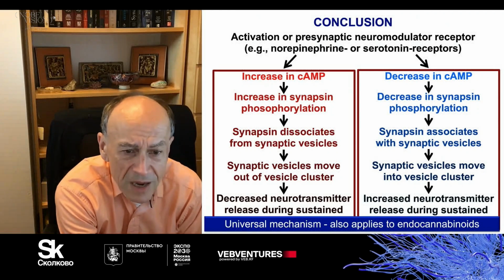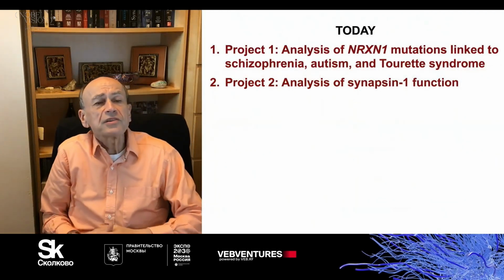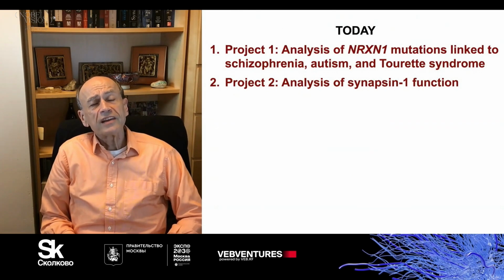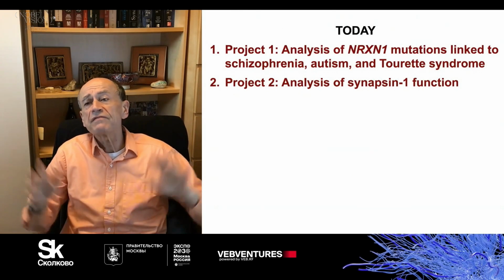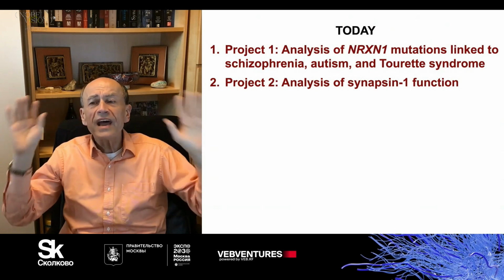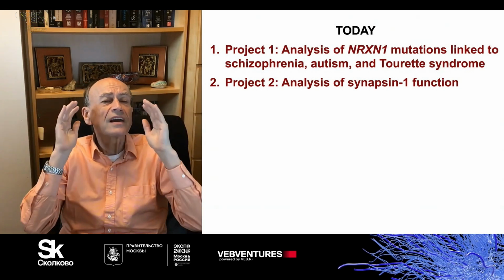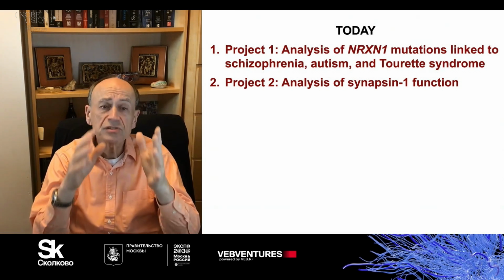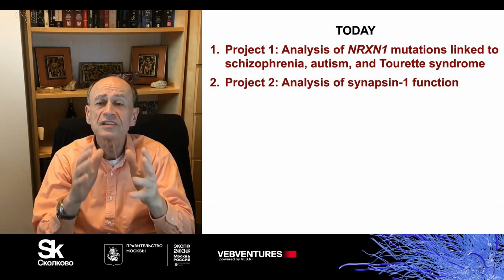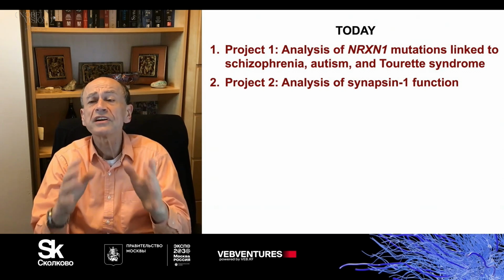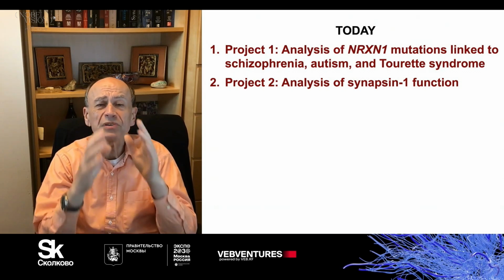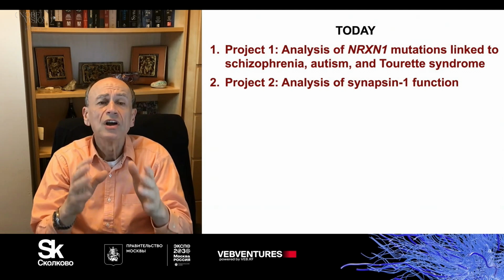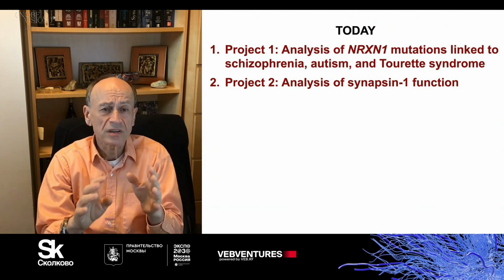I've reached the end of my presentation. What I tried to tell you about today is two different projects that are very different. They're united by analyzing in human neurons, not mouse neurons, not rat neurons, human neurons, mutations that are pathophysiologically relevant and that are predisposing patients to neuropsychiatric disorders.